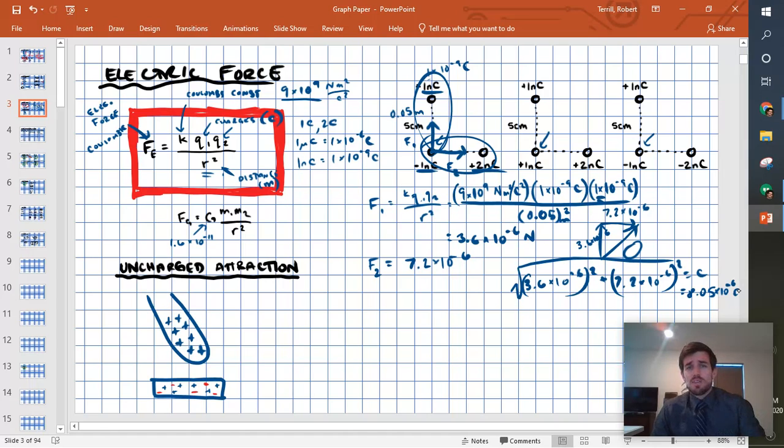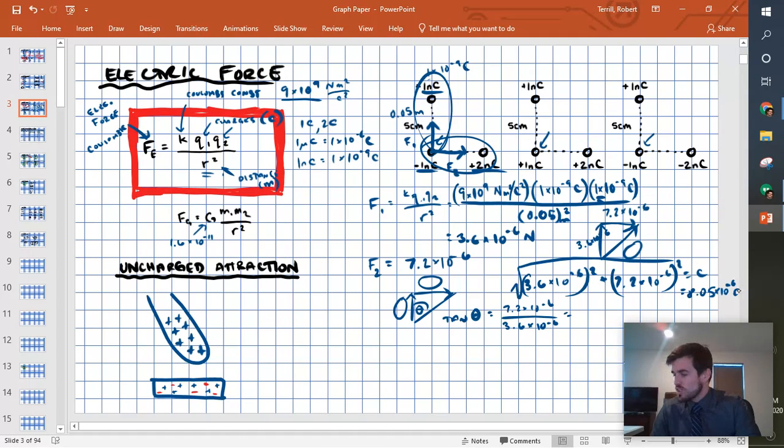If I want to figure out the direction, I can use a tan equation where I know I have right here this angle here. Tangent of theta is going to be equal to the opposite side. That's this side, the 7.2 times 10 to the negative sixth, over the adjacent side, 3.6 times 10 to the negative sixth.